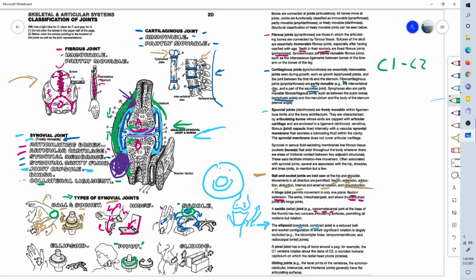It looks like this, and I'll do my best to make a drawing here. Let's see, maybe from the side, C2, the axis vertebra, looks something like this, and it's got a part called the dens that pops up like that.